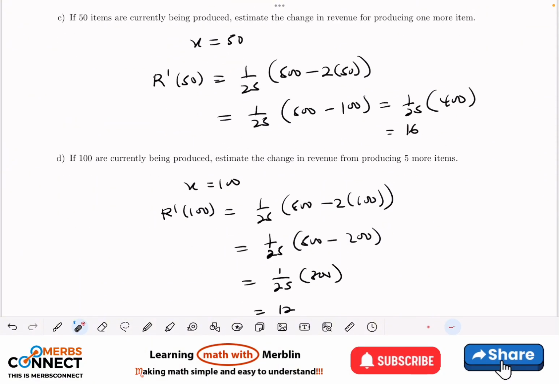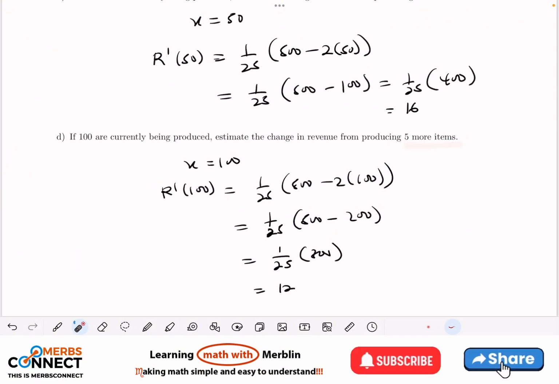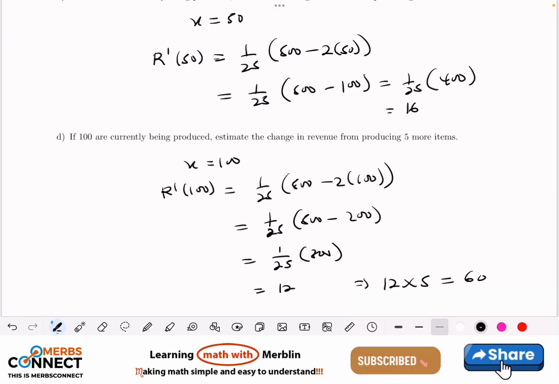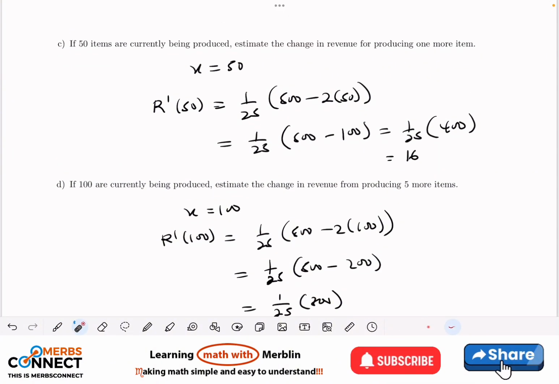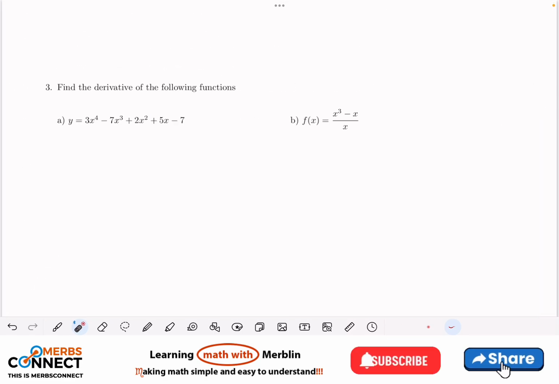So since this is 5 more items, then our final result will be 12 times 5, which is going to give us 60. Right. So this is what we are going to get as a result of producing 5 more items, in addition. So we should get 60 from there.